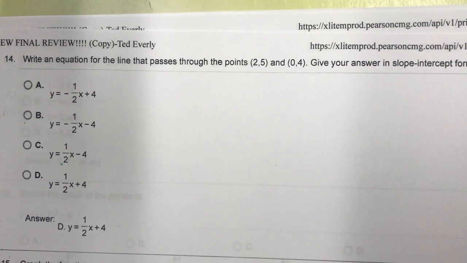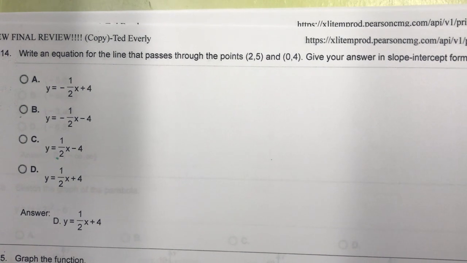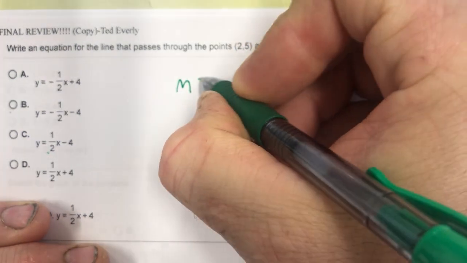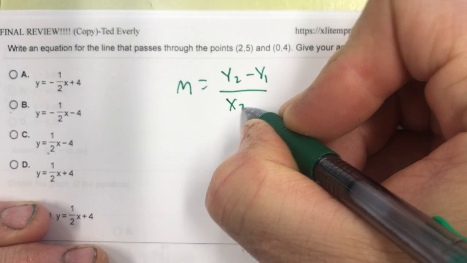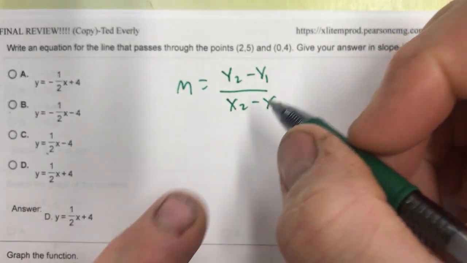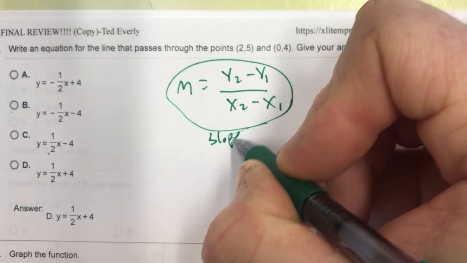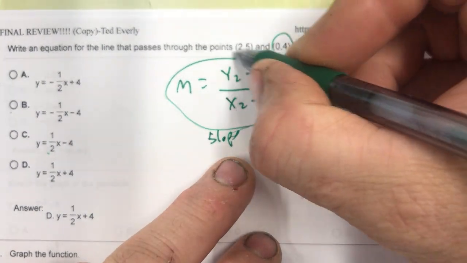All right, number 14. Write an equation of the line that passes through these points. Okay, so first you've got to find the slope. Y from point 2 minus y from point 1 over x from point 2 minus x from point 1. This is the slope formula. So this will be point 2, and here's point 1.